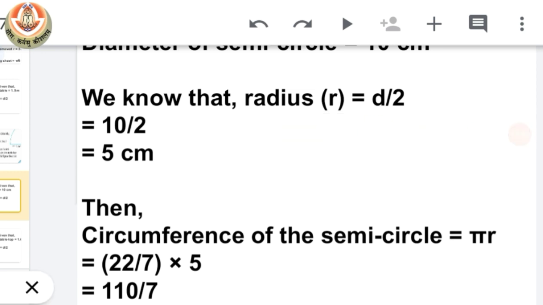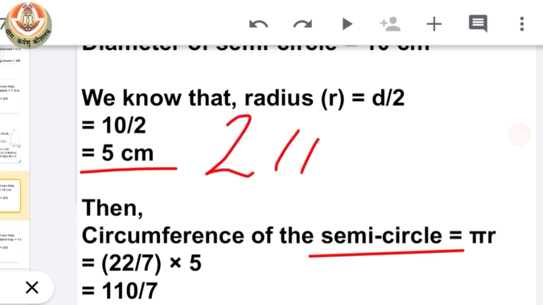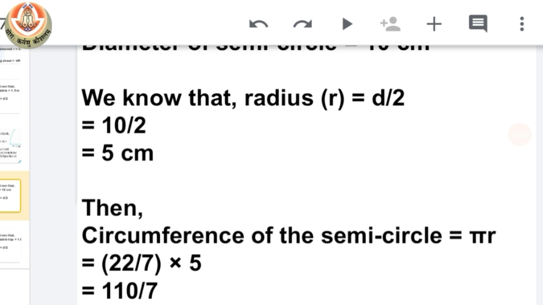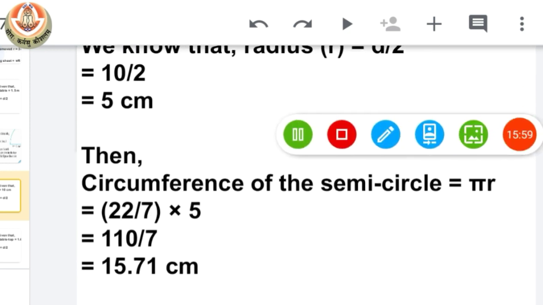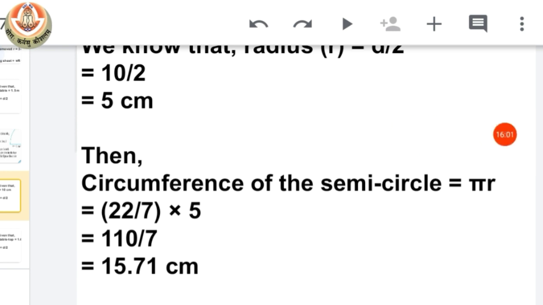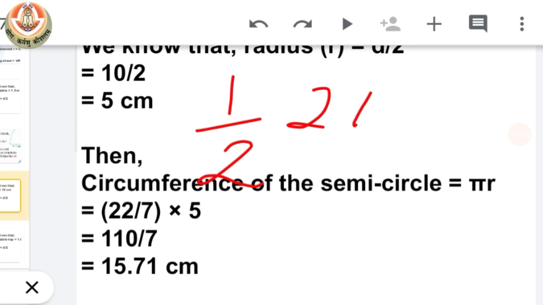So the circumference of this semicircle will be, see, we all know that the circumference of the circle is 2 pi r. So the circumference for the semicircle will be multiplying with half, that is 1 by 2 of 2 pi r.